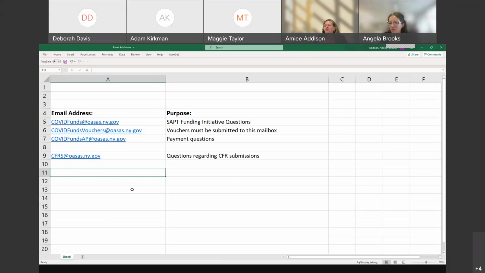Actually, sorry, Angela. Yep. If you have fully spent your full budget, you can submit just a final claim. If you've already spent all the money, then yes, one final claim submitted is fine before the end of the contract period.